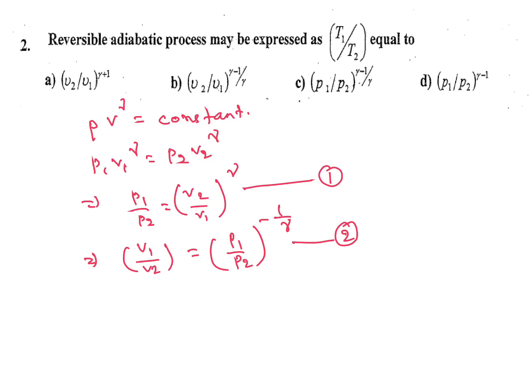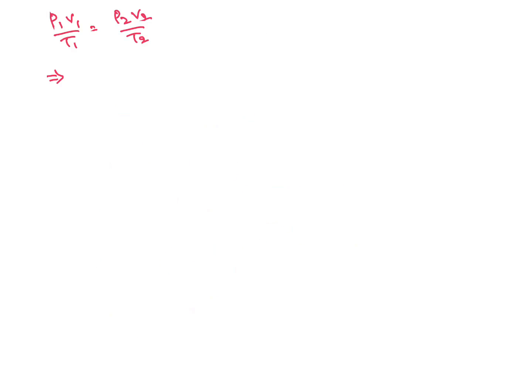Then we know P1 V1 by T1 equal to P2 V2 by T2. From here, T1 by T2 equal to P1 by P2 into V1 by V2. We already got the pressure and volume relation, so put that in.